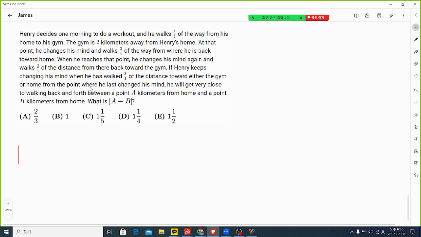So in this case, Henry keeps changing his mind between home and gym. And so if we make the number line for this case, the home and gym are located at each endpoint, and A and B will be somewhere in between.